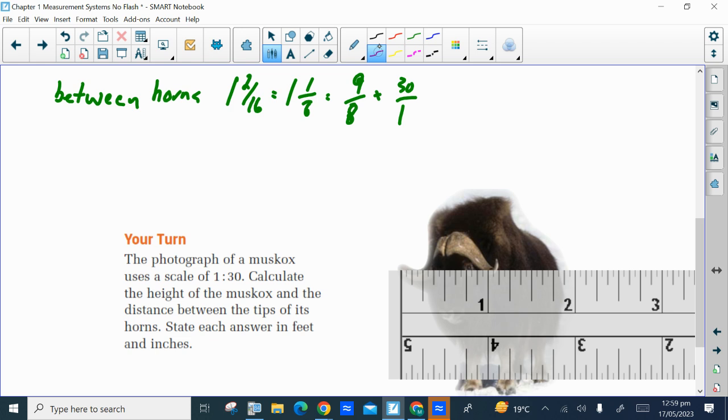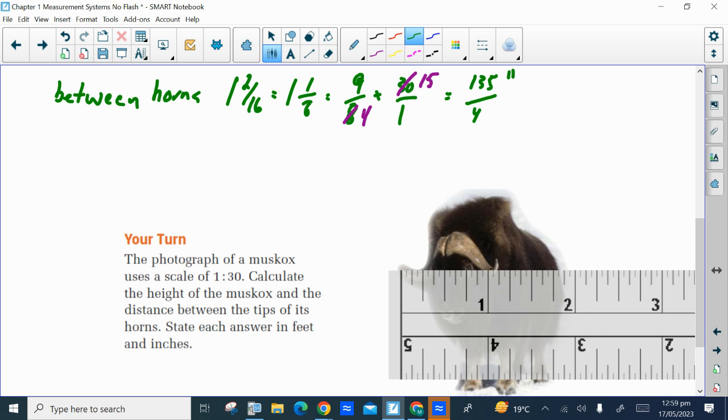So before we multiply again, we can simplify. We can divide top and bottom by 2. Makes it a little simpler. And so you have 9 times 15, which is 90 plus 45. That's 135/4. And this, again, is still in inches.